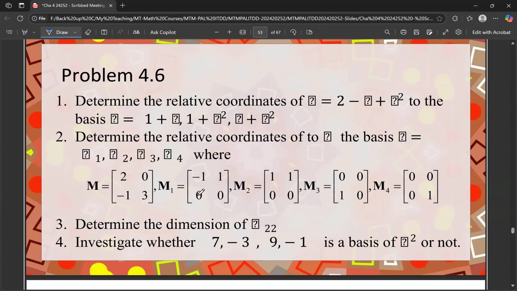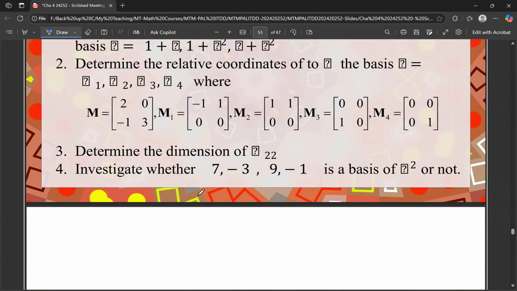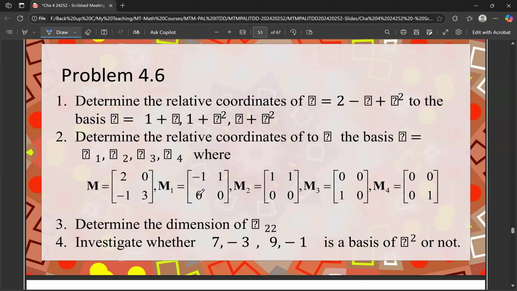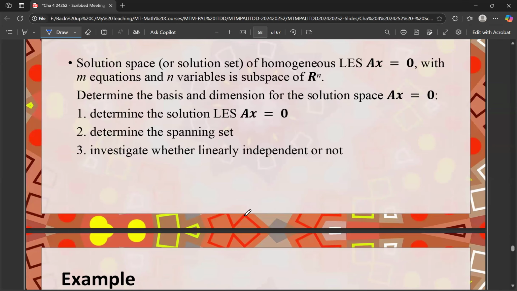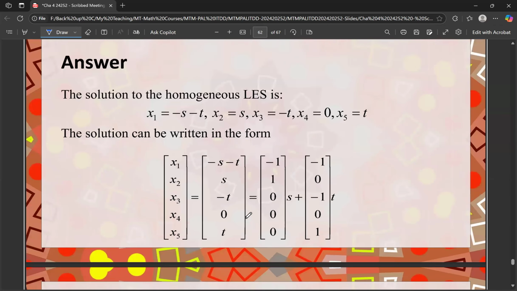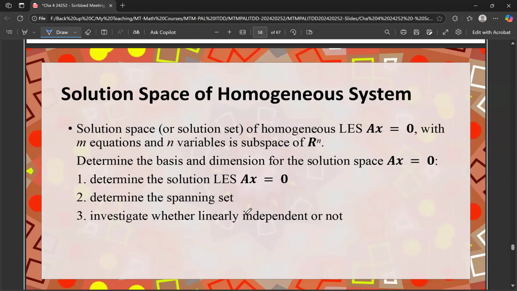This is how to solve. Okay, I will show you. Is there any other question? No, only this. Yeah, okay.